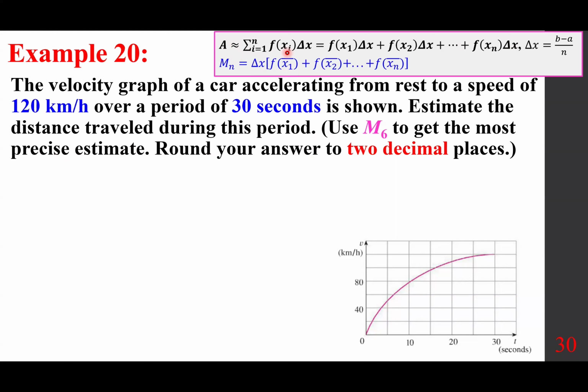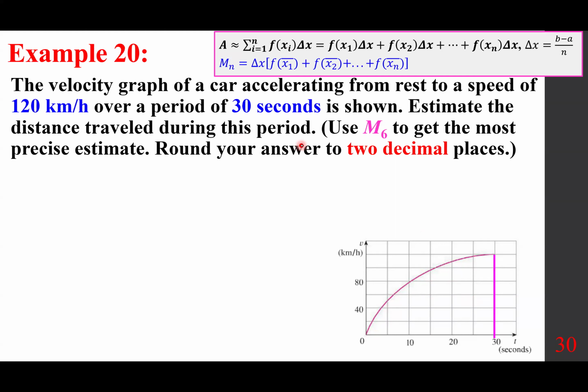And so what is happening here? We are going to cut this into 6 equal pieces. So this is the area we want, and we are going to approximate it with the methodology of the midpoint.